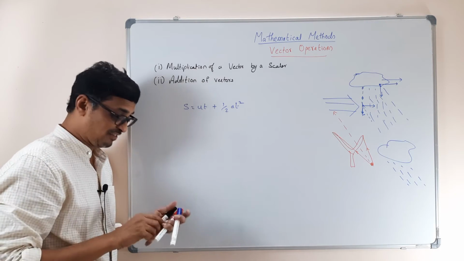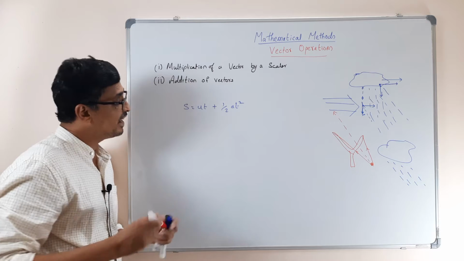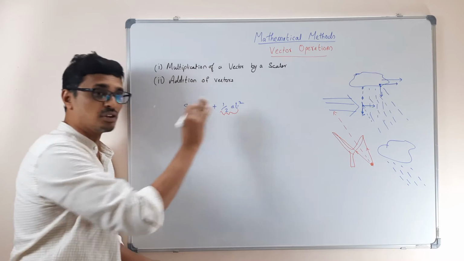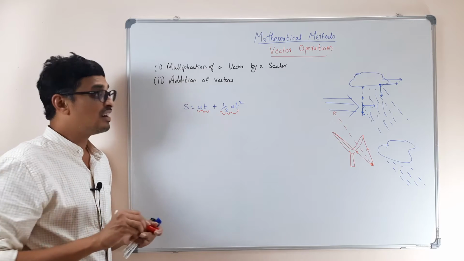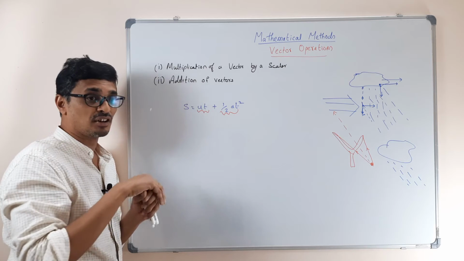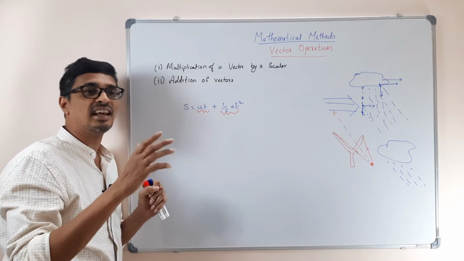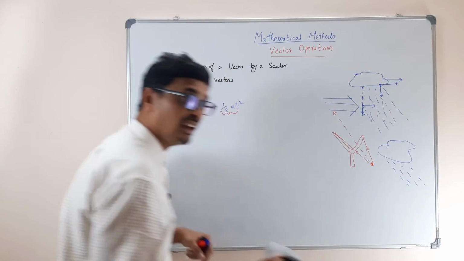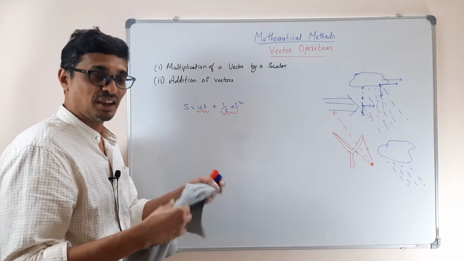In physics, whenever you are adding any two terms, they should have the same dimensions, or the same physical quantity. So in addition of vectors also, you can't add a force and an acceleration. But you can add a force with another force.